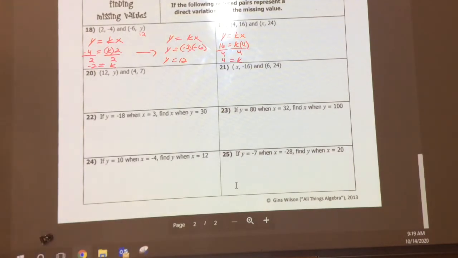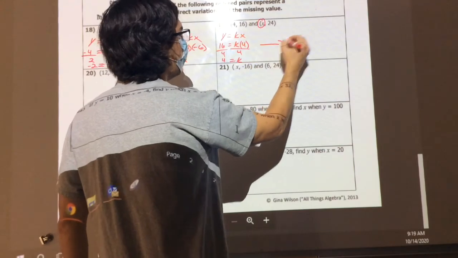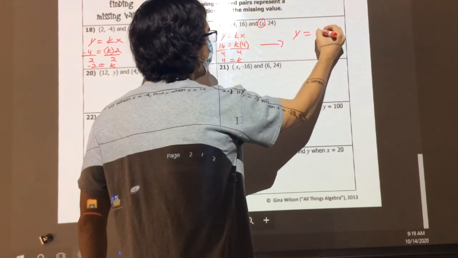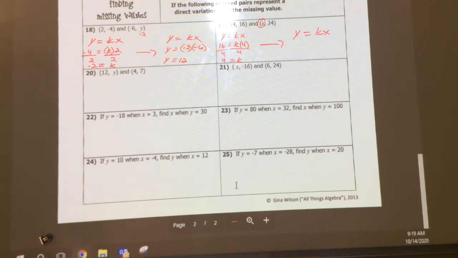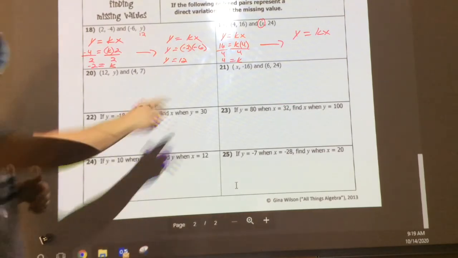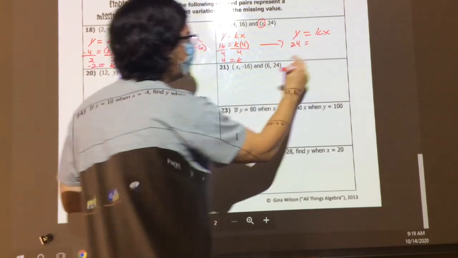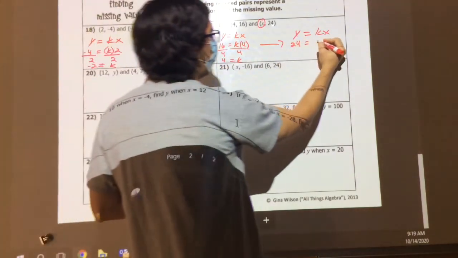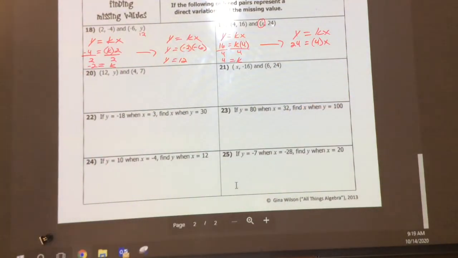We're all right there? Okay, now, I'm looking for this x value right here. So if I go over here, my formula is still y equals k times x. I'm missing the x, means I don't know what the x value is, but I know that the y value is 24. So I'm going to have 24 is equal to, well, we just found that k was equal to 4.